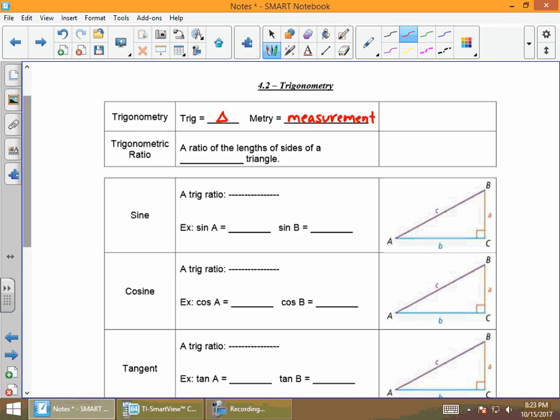So really, when we talk about trigonometry, we're talking about the measurements of triangles. And when we talk about a ratio, a trigonometric ratio is just a ratio of the lengths of the sides of a right triangle. Okay, so that word there is right.